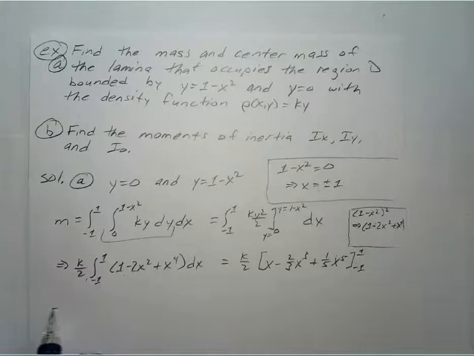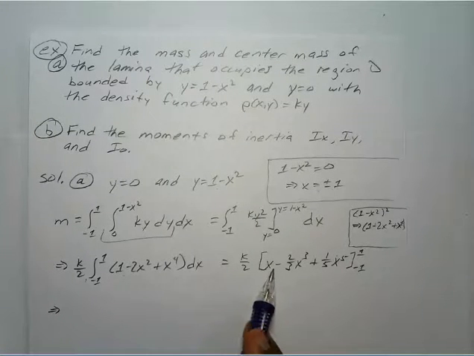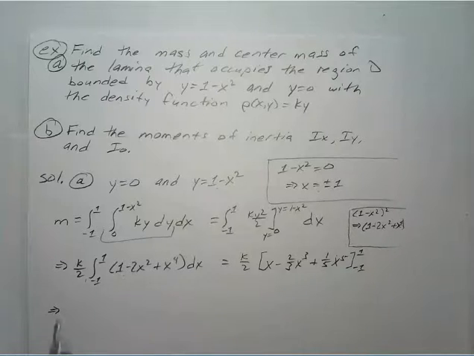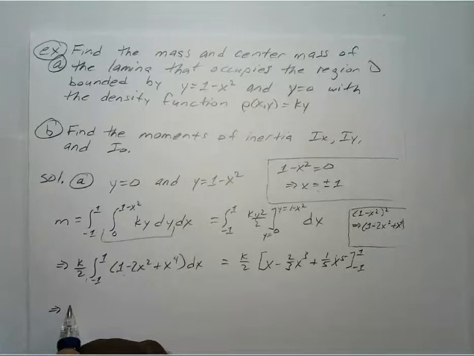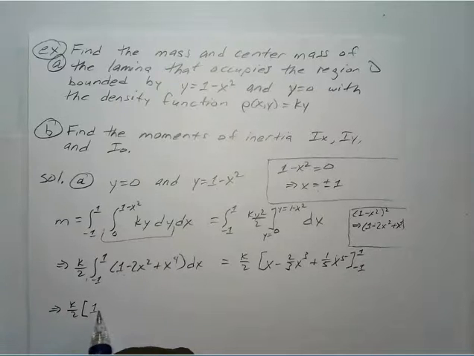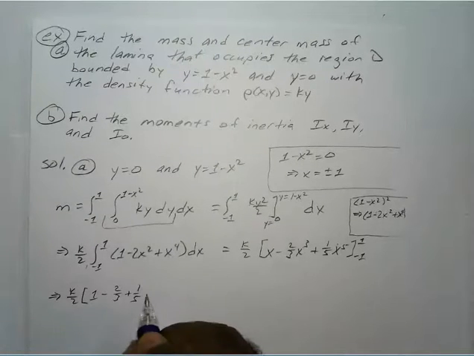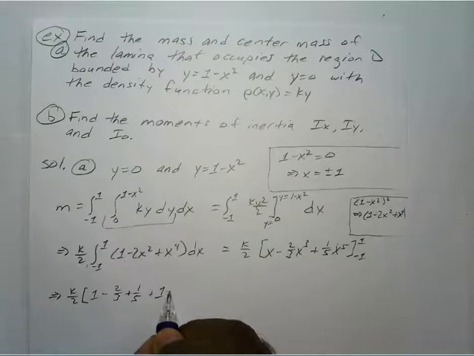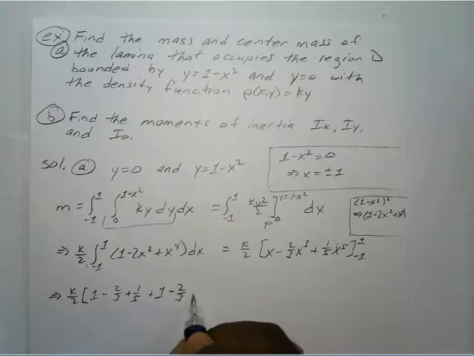Alright, so to simplify that from -1 to 1, we end up with k over 2 times 1 minus 2 over 3 plus 1/5, plus 1 minus 2 over 3 plus 1/5.